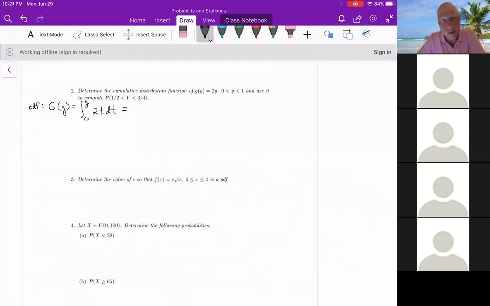T squared over 2, yeah. And you have that 2 up front, which is canceling out. And so this is just going to be t squared. Now, it's not an indefinite integral, so you don't have to put the plus c in. Even if you did, it would cancel out. But we do want to evaluate this from 0 up to y. So you've got y squared minus 0 squared, which is just y squared. So this is our CDF.